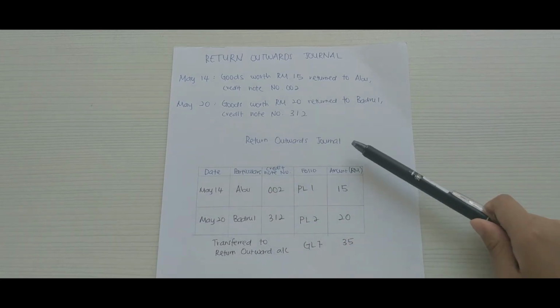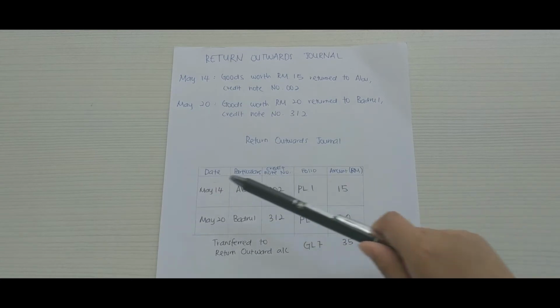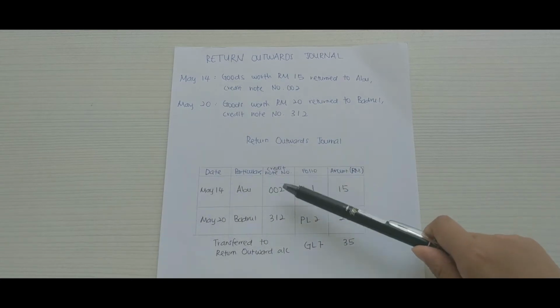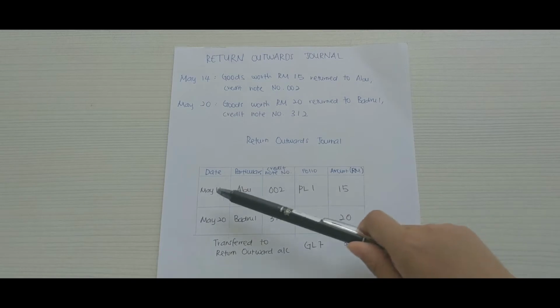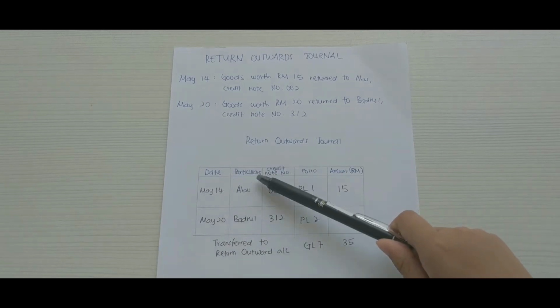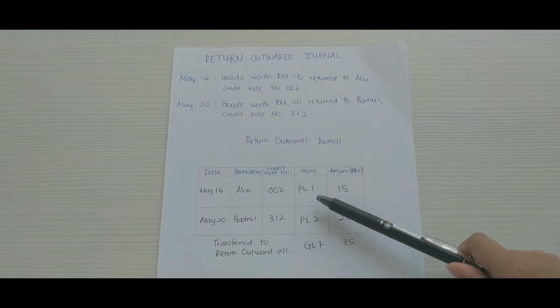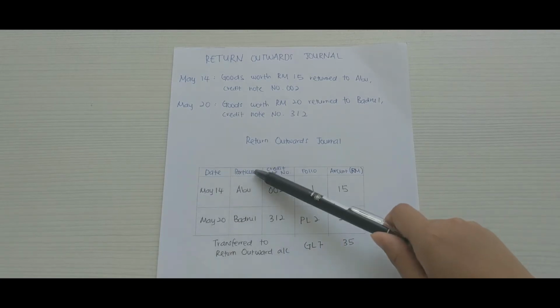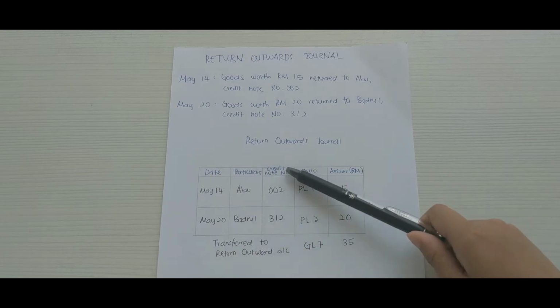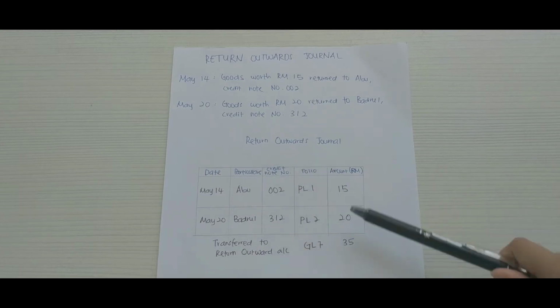The return outwards journal has 5 columns: date, particulars, credit note number, folio, amount. Date May 14th, particular Abu, credit note number 002, folio PL1, amount 15 ringgit. Date May 20th, particular Badrul, credit note number 312, folio PL2, amount 20 ringgit.